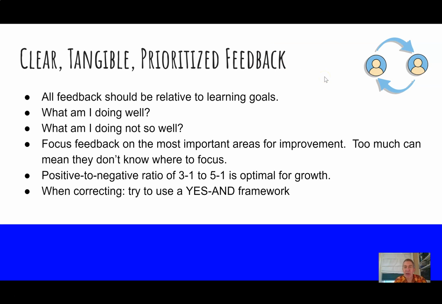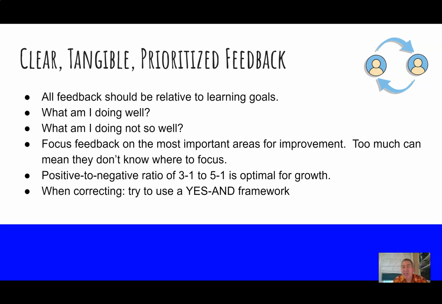Clear, tangible, and prioritized feedback. All feedback is supposed to be connected to your learning goals. Make sure that it's all connected there. Those can be the specific content goals, or they can be softer goals like, how do you communicate your work? How do you do things like that? Students should be able to recognize what I'm doing well and what I'm doing not so well.